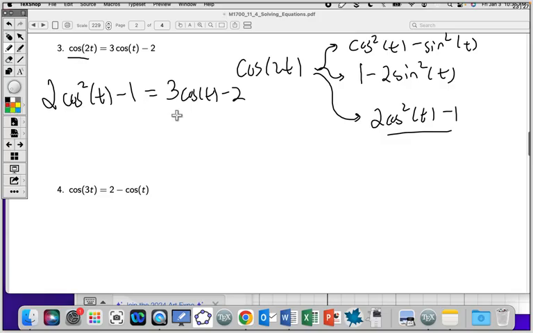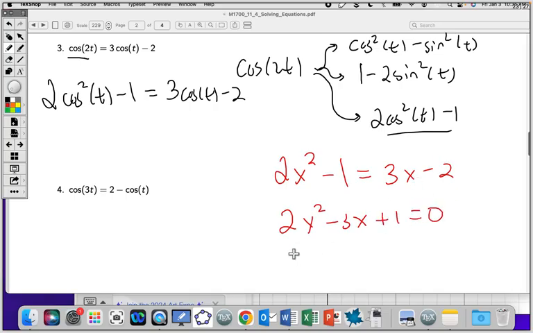Now, once again, if I think about this algebraically, I've got 2 times something squared minus 1 is 3 times that thing minus 2. This is a quadratic equation. I would subtract 3x over, add 2 over, and then I would attempt to factor. If factoring didn't work, I'd have to hit it with the quadratic formula.